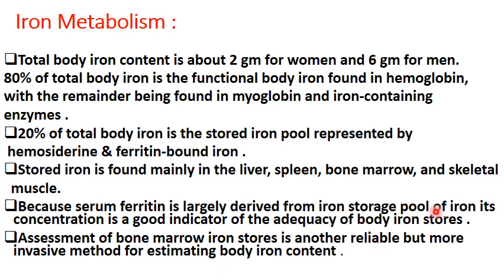Therefore, the stores should be adequate to compensate for the loss of iron due to any health problem, medical situation or stress that any one of us might encounter in our life. So serum ferritin is a very good indicator of the adequacy of the body iron stores, which are mainly found in the liver.